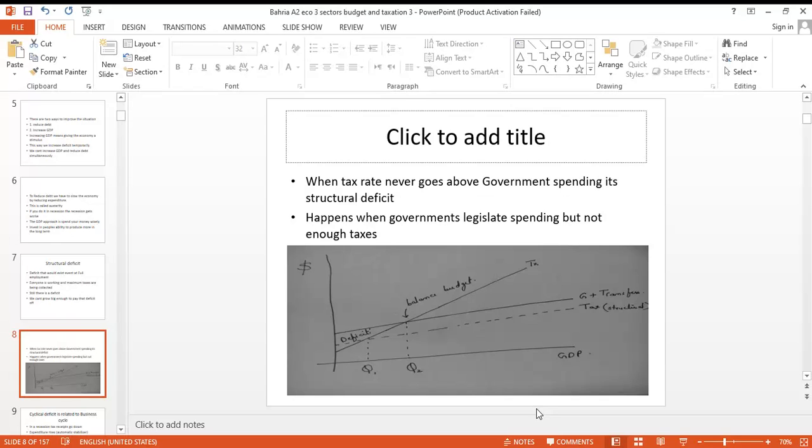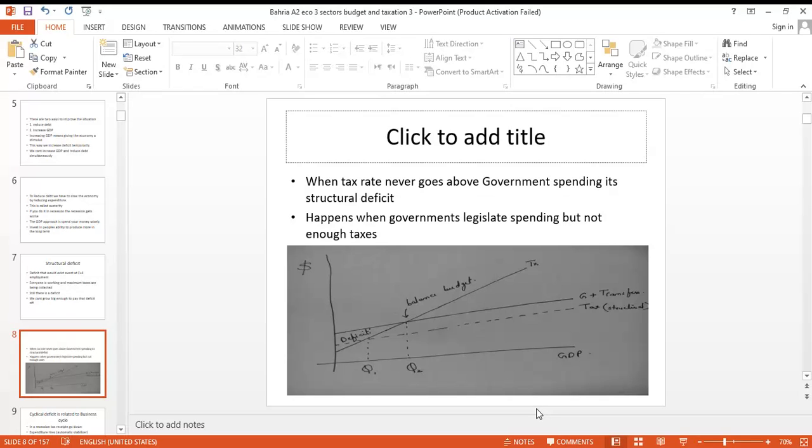Okay, so what is the situation of a balanced budget? What does it mean? A balanced budget is a situation where the revenue of the government exactly equals its expenditures. Please do look at the diagram which is on the screen. At any point below GDP level Q2, the taxes that the government is collecting are less, and the expenditure that the government is doing and the transfer payments that the government is giving are more.